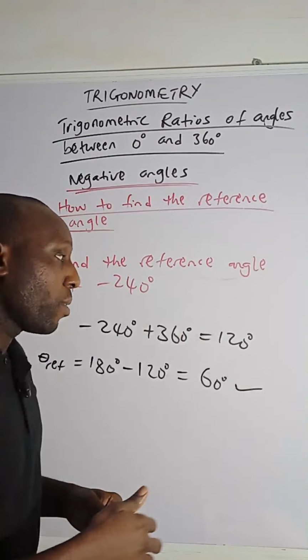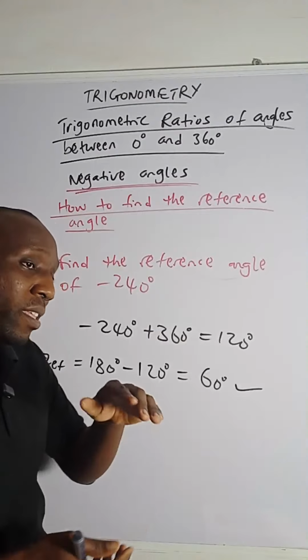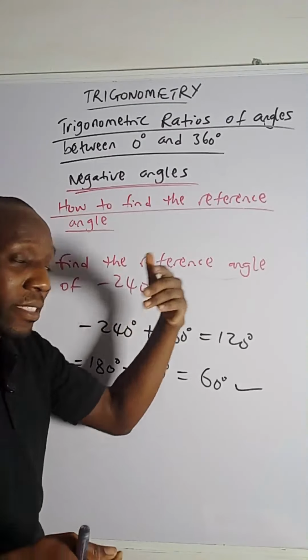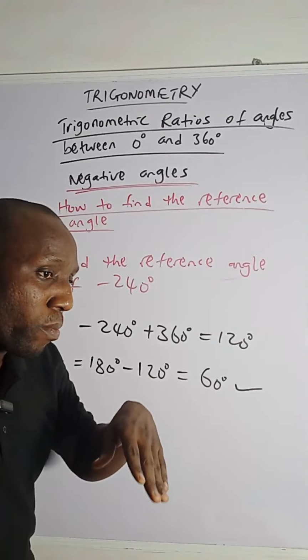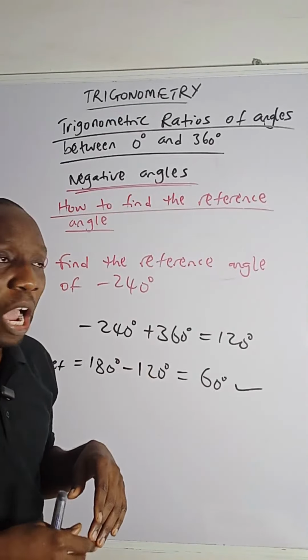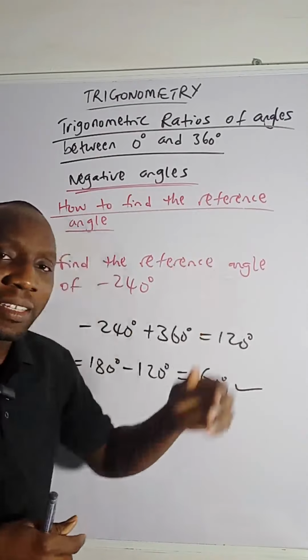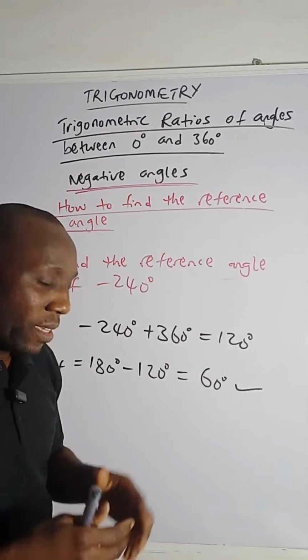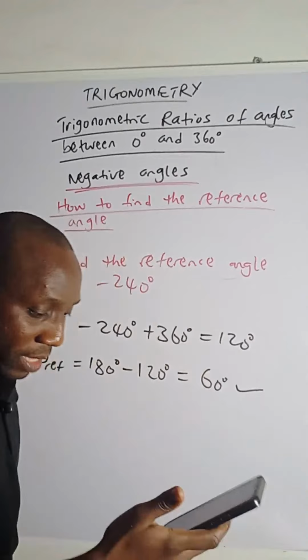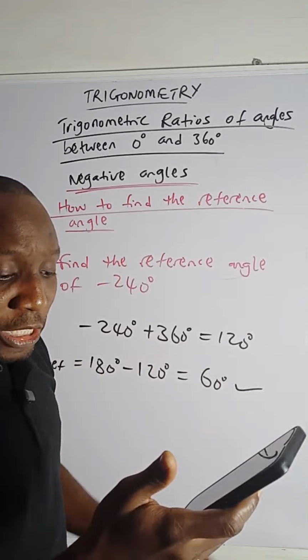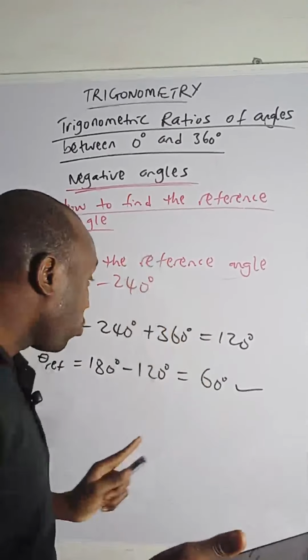When I say reference angle, it's just the angle between the x-axis and the terminal side, or how far the angle is from the x-axis to the terminal side. Hope that makes sense. Yes, exactly, the co-terminal angle is 120 degrees.